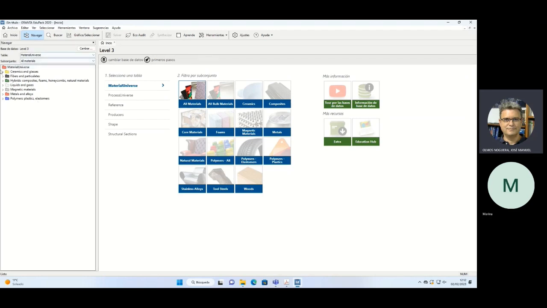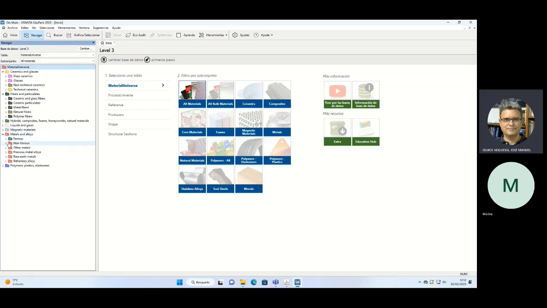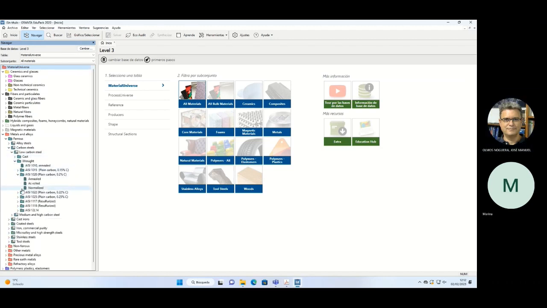We have ceramics, fibers, metals, ferrous, carbon steel, low carbon steel, and so on. We have around 4,000 materials in this database. In this case, we are going to use this.